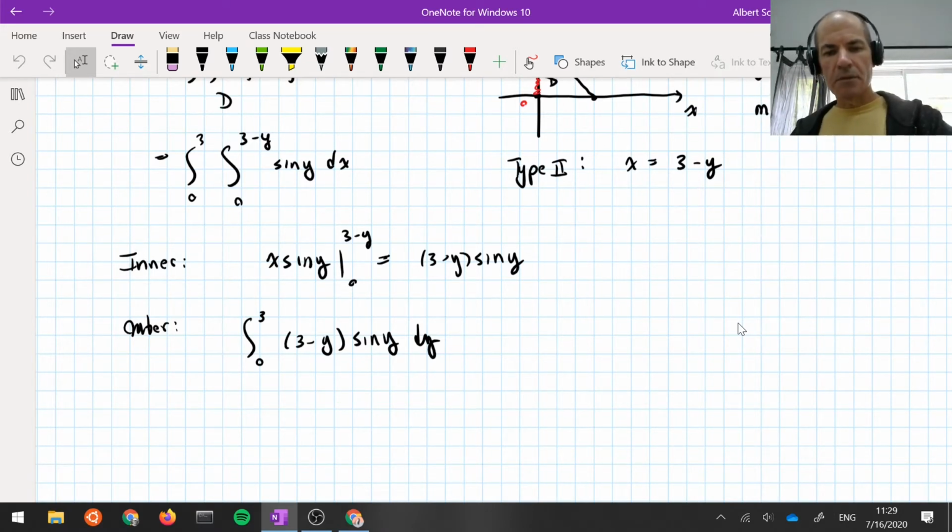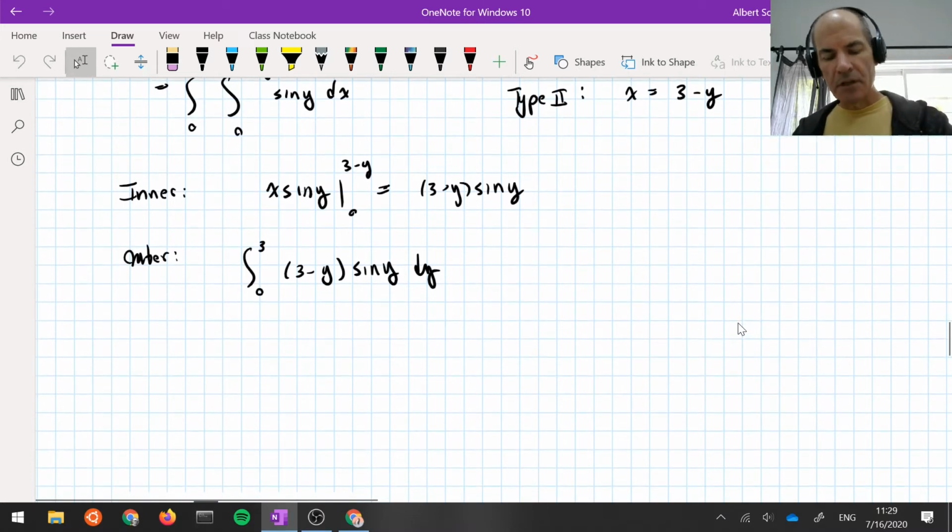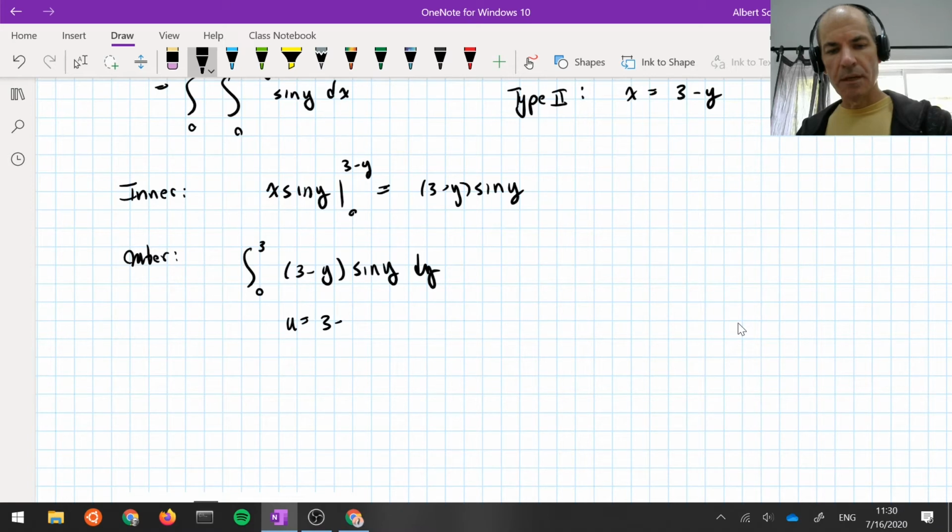So how do we do this integral with respect to y? Here's another bit of review for integration from Calc 2, integration by parts. Let's let u equal 3 minus y and dv equal sine y dy. So everything's on the table here when you're doing these kinds of calculations.